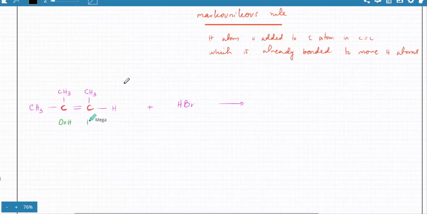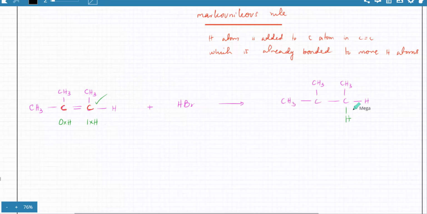It's going to prefer this carbon atom and the molecule that would be formed. Isa, is this clear? Yes, sir. So you would have a double bond and you would have CH3 and H. So this H would prefer to bond with this carbon atom.